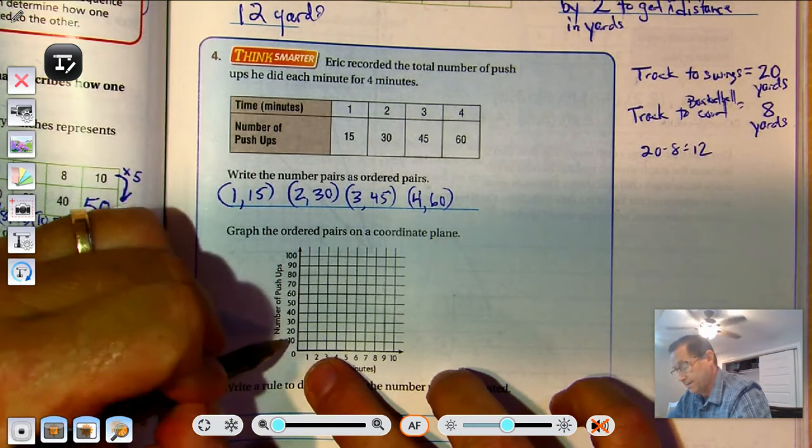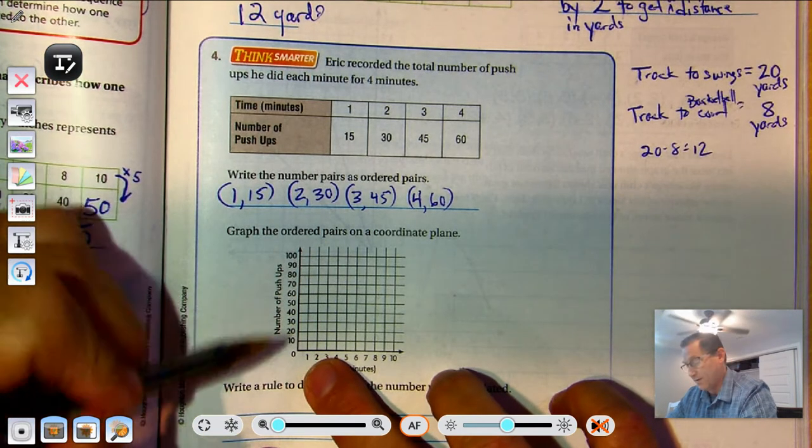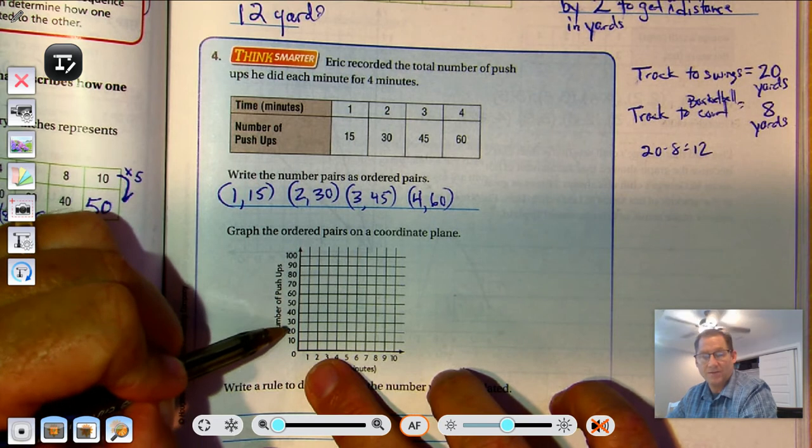So go over 1, up 15. Now I don't see 15 on my graph, but 15 would be halfway between 10 and 20.